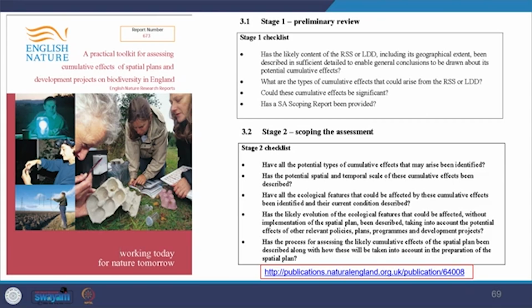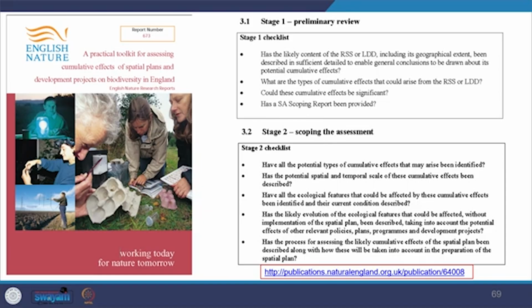If you look at step 1 and step 2, you see that this toolkit provides two stages, and the checklist has questions like: has the likely content of the project and the geographical extent been described in sufficient detail to allow general conclusions on what types of cumulative effects could arise in this particular zone, and could these cumulative effects be significant, and has the scoping report been provided or not.